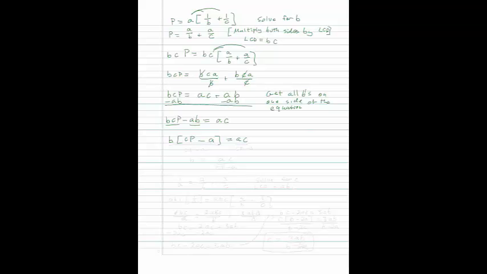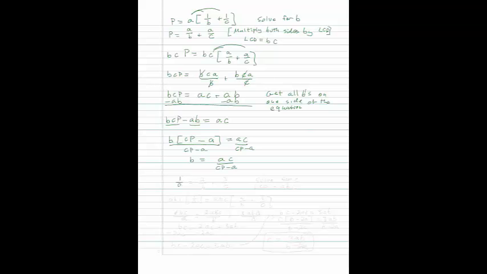And we're just about finished. Our goal is to solve for B. All I've got to do is divide both sides by CP minus A. And I get what? I get B equals AC over CP minus A.